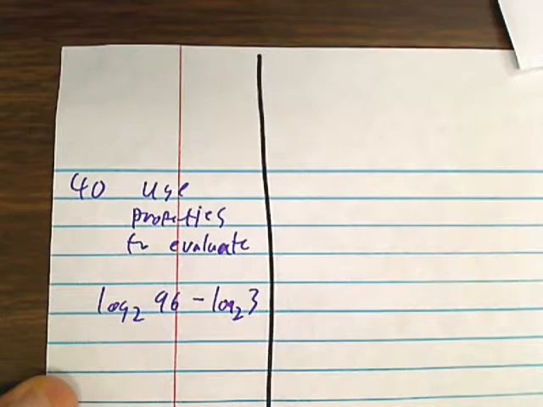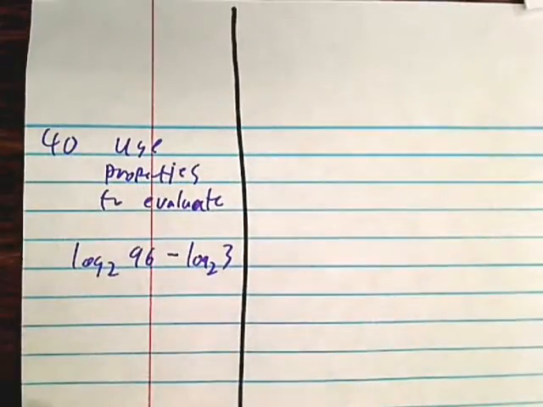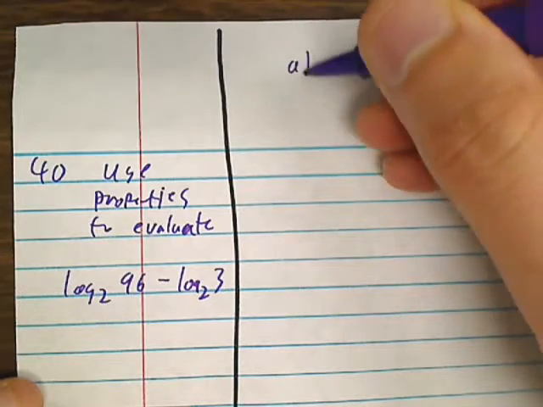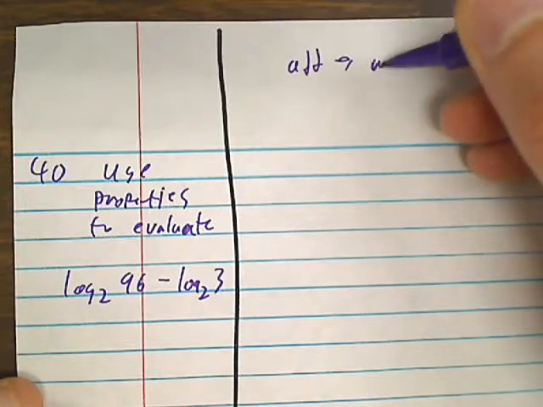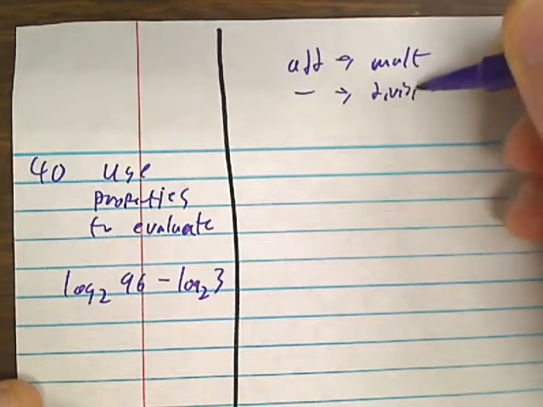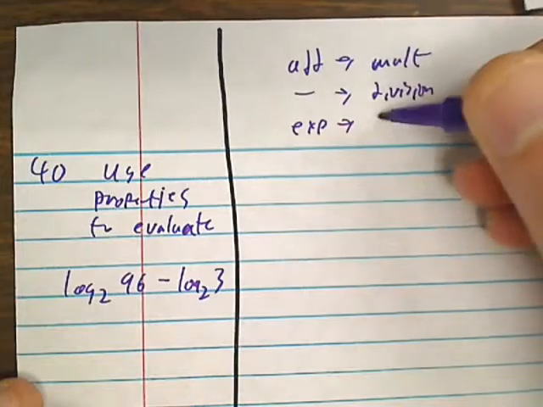Now when it says properties, those are worth noting again. Let's put them up here. Addition becomes multiplication, subtraction becomes division, and exponents become coefficients.